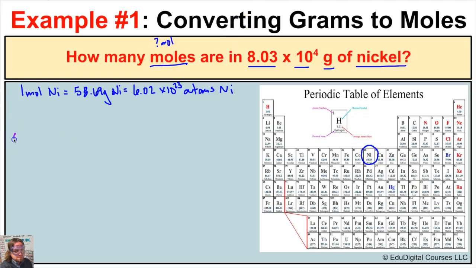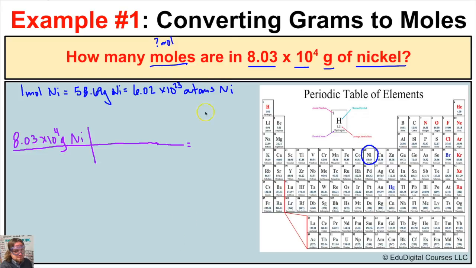We're starting off with 8.03 times 10 to the fourth grams of nickel, and we're going to use some dimensional analysis to figure out the answer to this problem. The first thing we want to do is cancel out grams of nickel. Units can cancel out just like numbers.